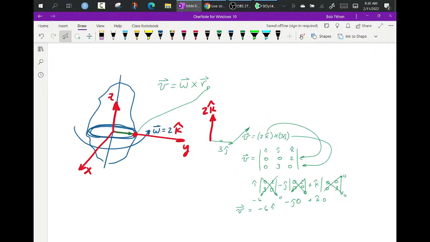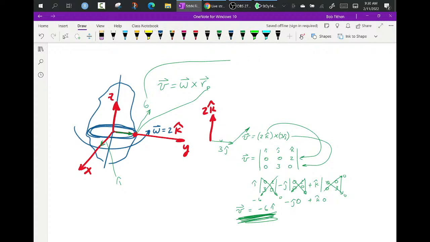Now, look back at this, and you'll realize that i goes this way. So your velocity is going in the opposite direction, and it's of length 6. Well, the length 6 is just 2 times 3, the scalar omega times the scalar magnitude of r.